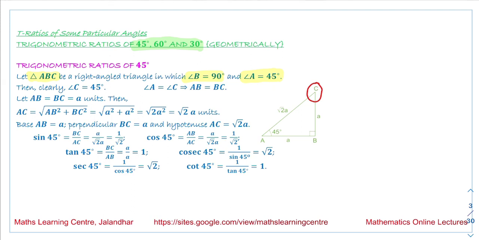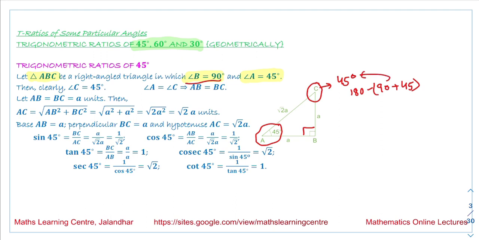Why? Because the angle at B is 90 degrees and the angle at A is 45 degrees, so angle at C is also 45 degrees, because it is 180 minus (90 plus 45), and the value comes out to be 45 degrees.